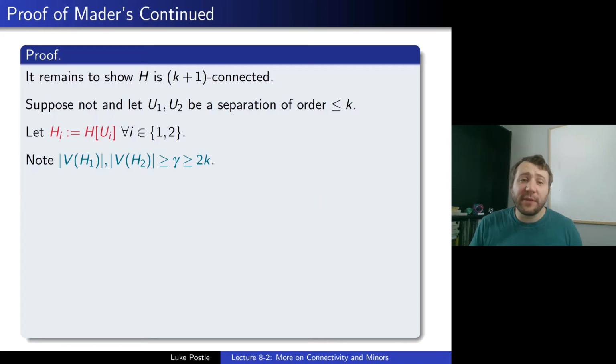And we know that V of H1 and V of H2 are at least gamma because of the min degree condition. There's a vertex that's not in the cut that has at least gamma neighbors, so the number of vertices has to be at least gamma, and the same for the other side, and that's at least 2k by assumption. Now we're almost done because by the minimality of H, you can look at these subgraphs, E of Hi.